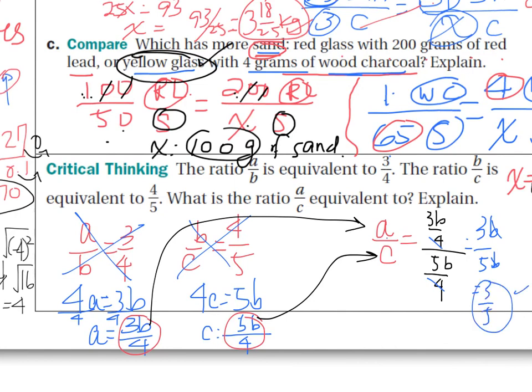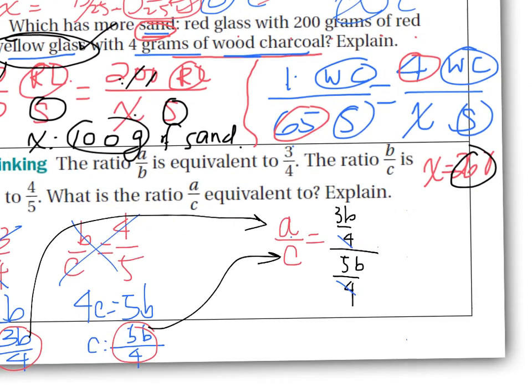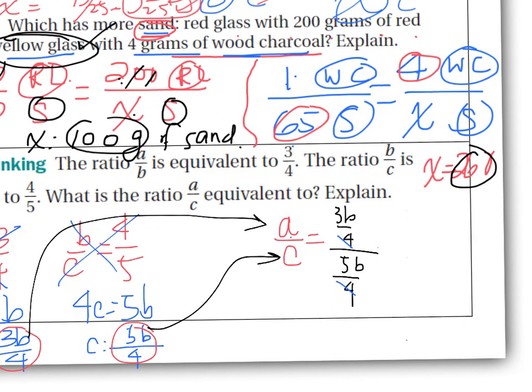Now, if you don't understand why I did this, let me show you all the work. Let me make some space. So I can rewrite the fraction again here, 3B over 4 divided by 5B over 4.